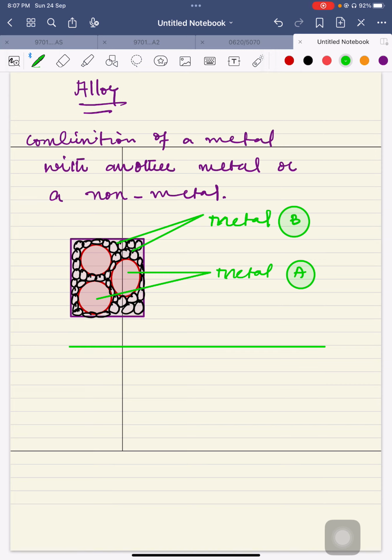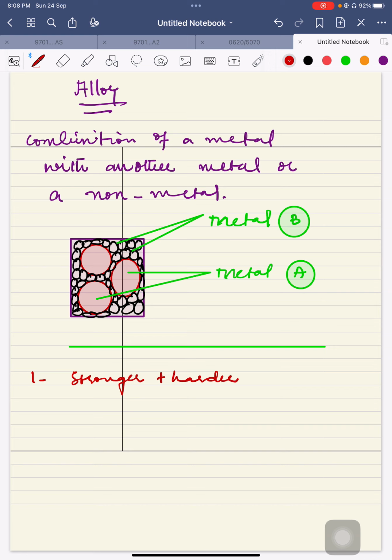Guys, an alloy is much preferred over a pure metal. Why is it so? This is very important. Point number one is that in case of an alloy, it is stronger and harder as compared to a pure metal. Why is it so?